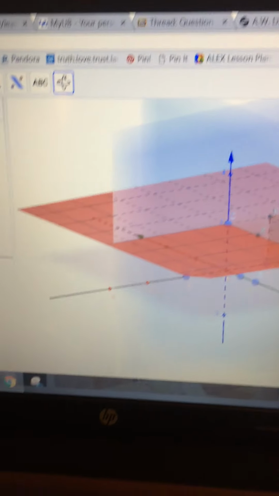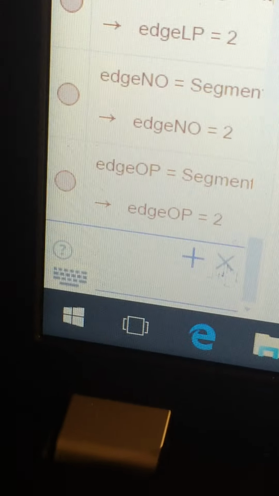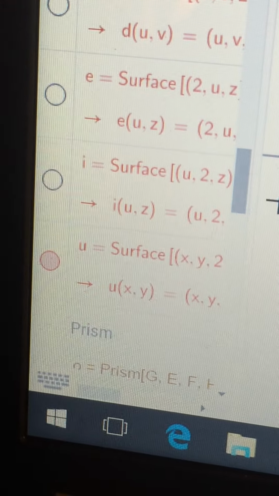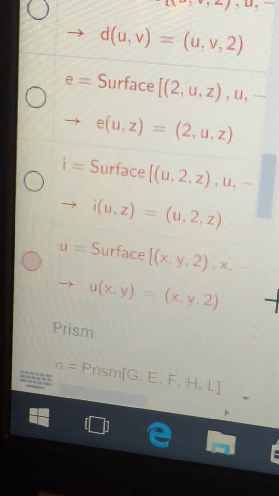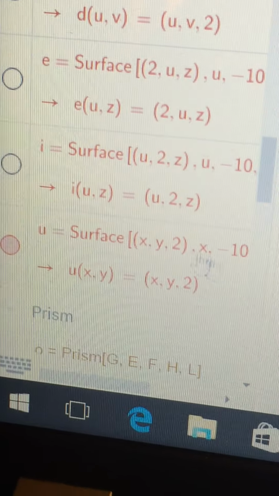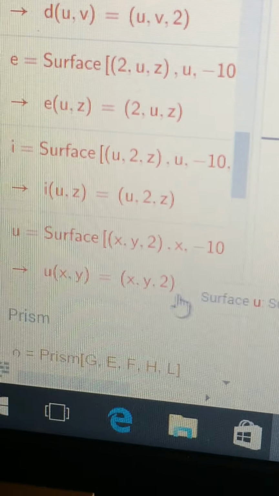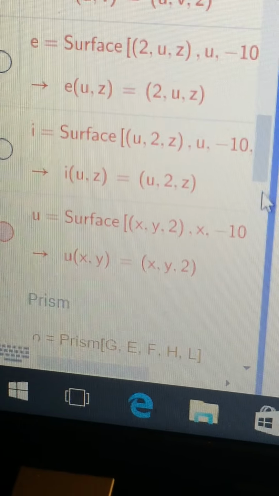So instead of in my input right here, I had just put in the XYZ, and if I go up to the surface, this is the one that I just highlighted. It was the XY2, and that gave me that surface.